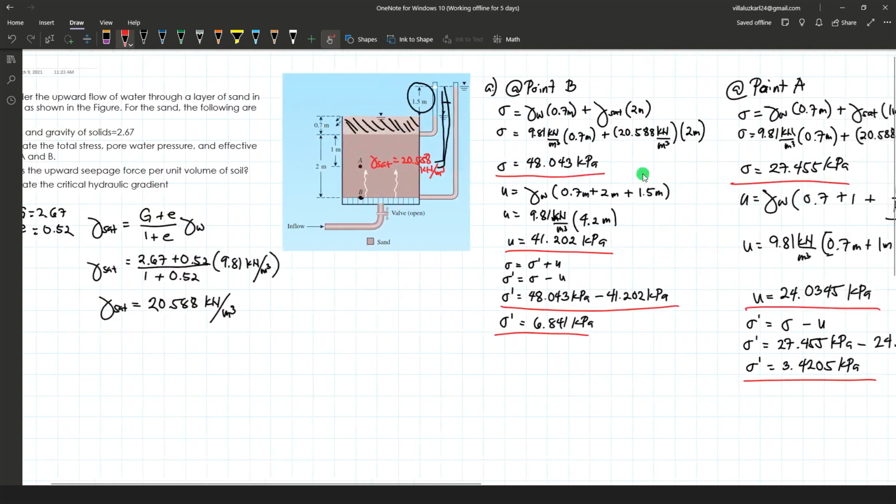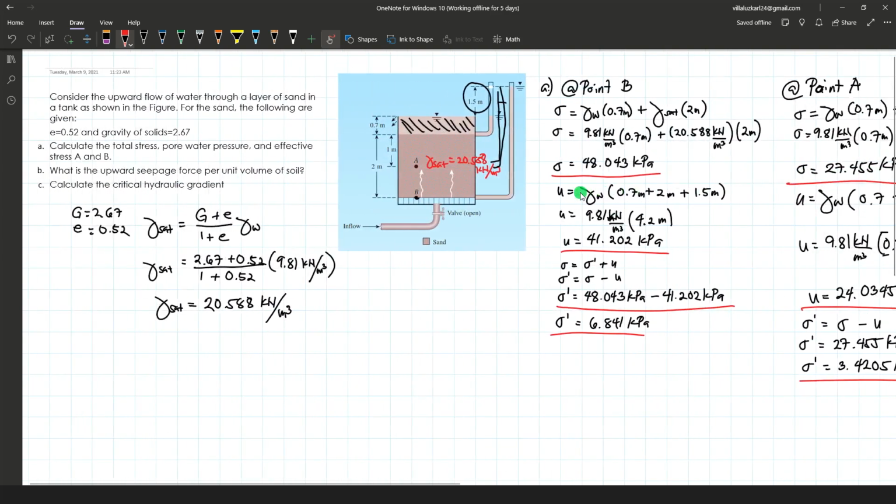So here are the stresses. For letter B, what is the upward seepage force per unit volume of soil? So the upward seepage force is H over H2 times unit weight of water.